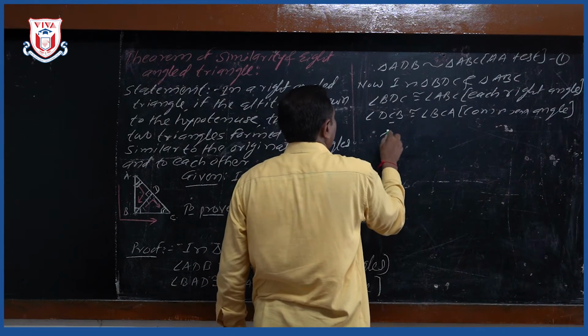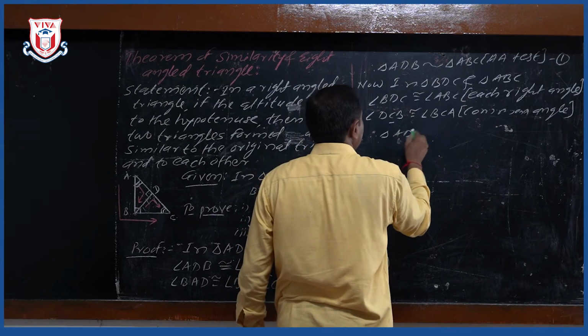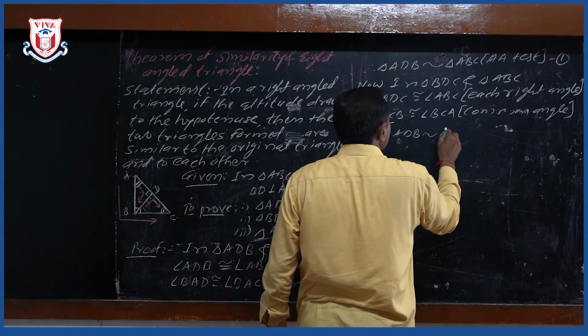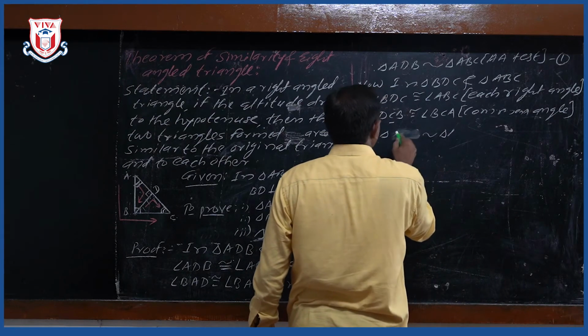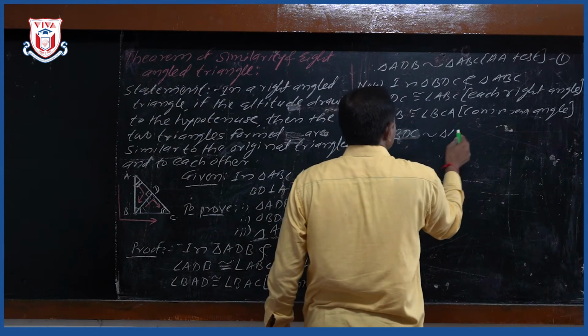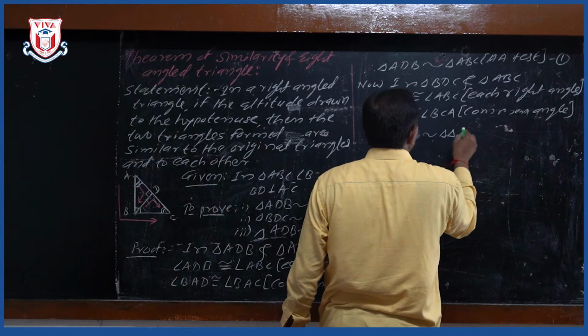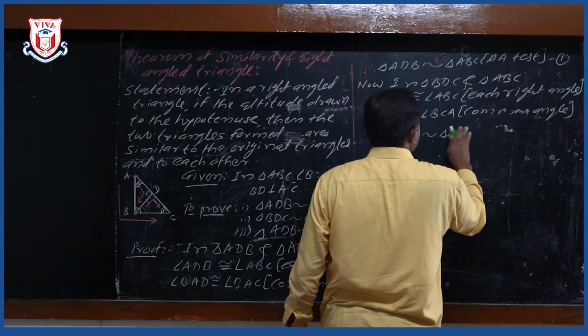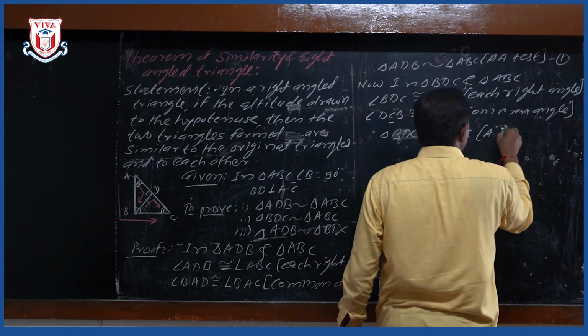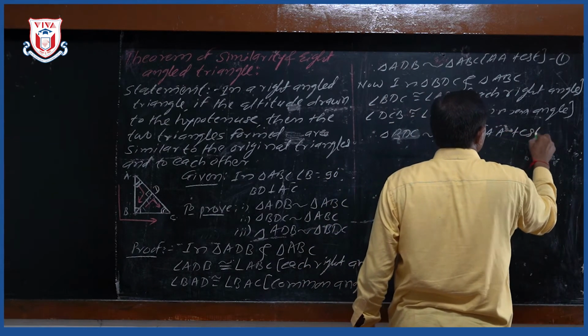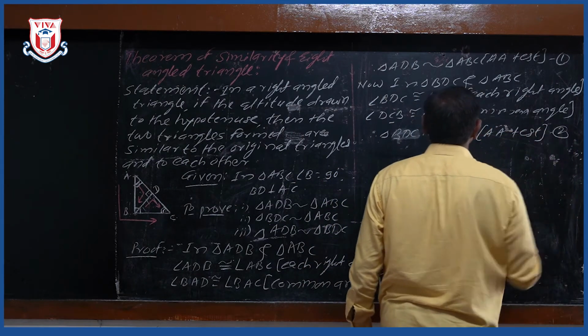Therefore triangle BDC is similar to triangle ABC by AA test. Equation 2.